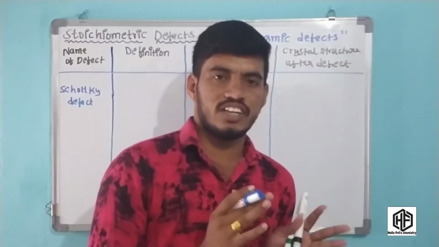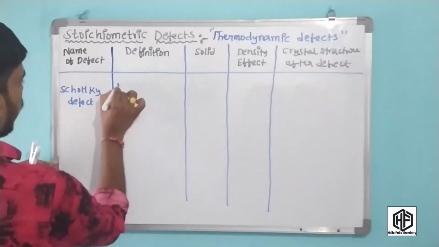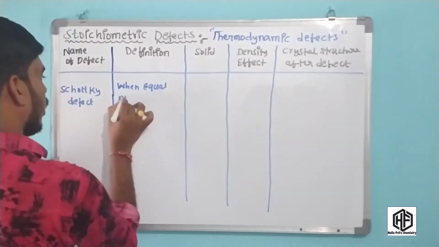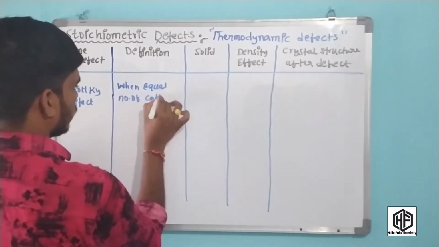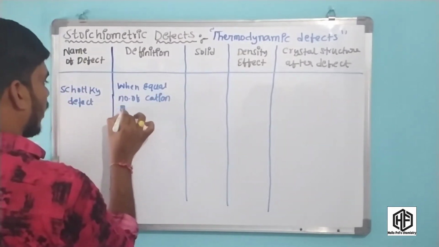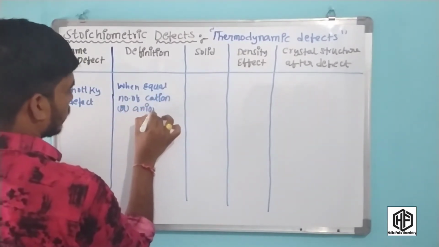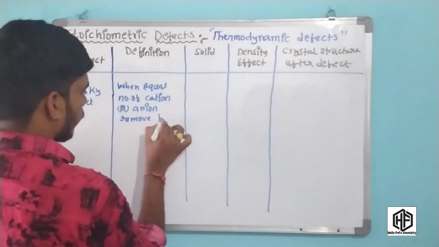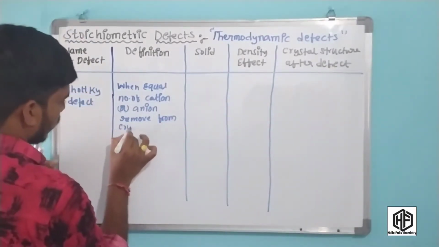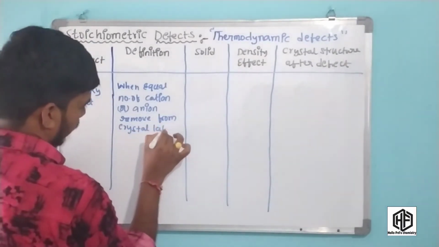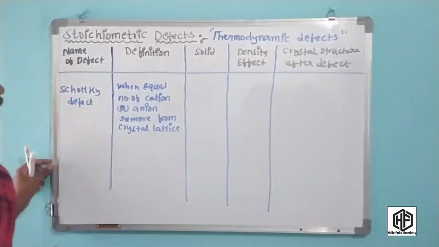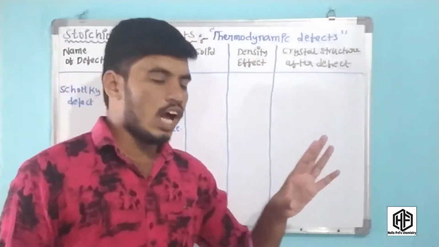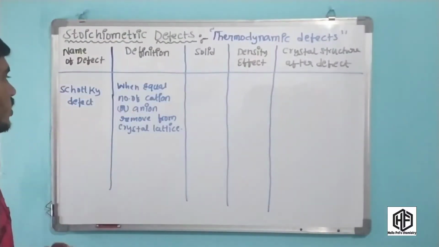When an equal number of cations and anions are removed from the crystal lattice, that is called a Schottky defect.